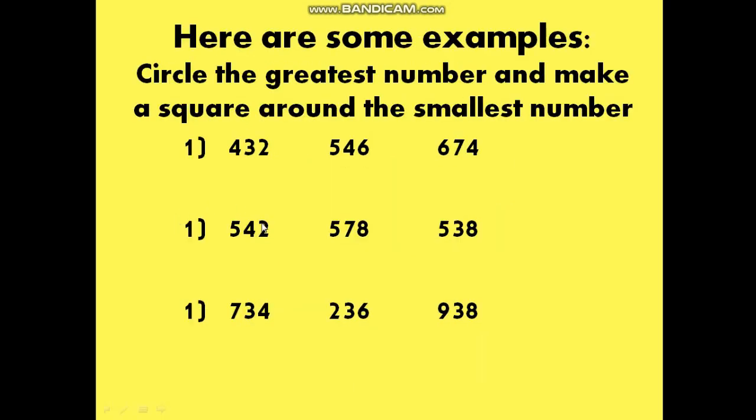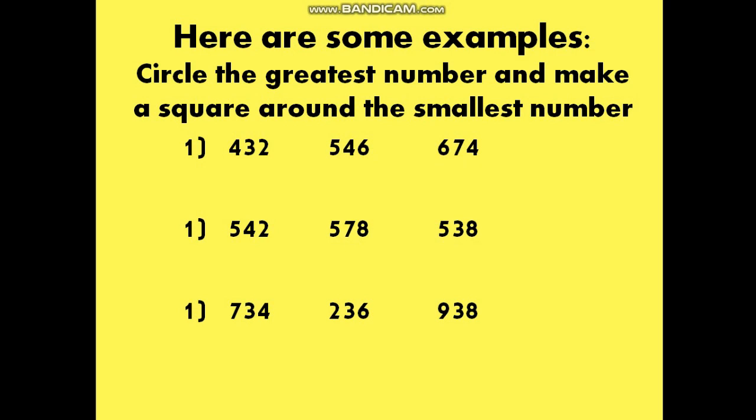Here are some examples. You have to circle the greatest number. Make a square or a box around the smallest number. Let's take the first example. 432, 546, 674.